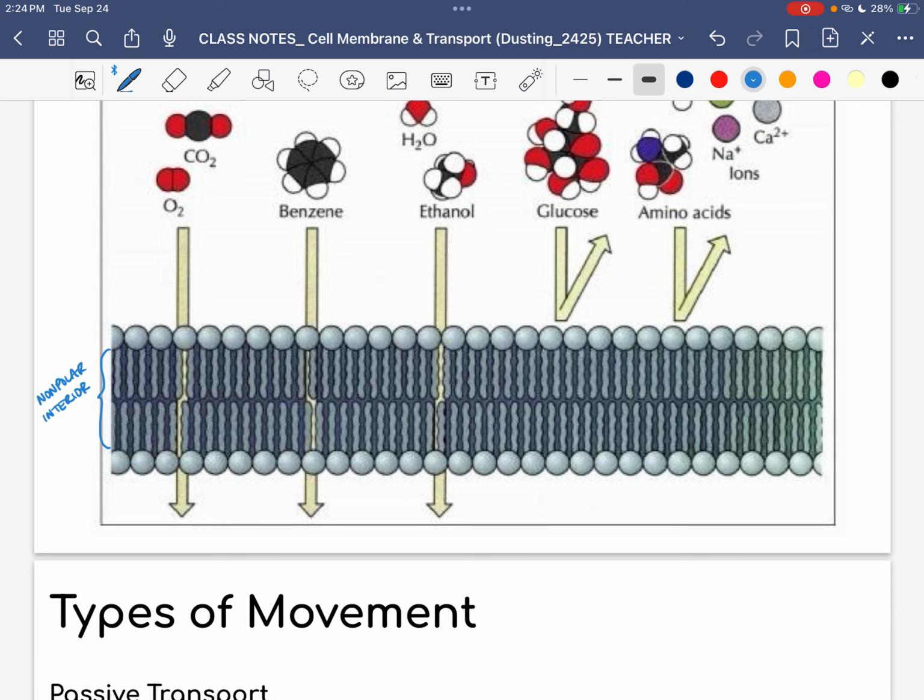But we'll talk a little bit about that in a minute. But it really doesn't mind if non-polar substances go through it. Now, remember that the phosphate heads, these parts here, these are polar. And so they like to be in the water, but they're a little bit afraid of non-polar.